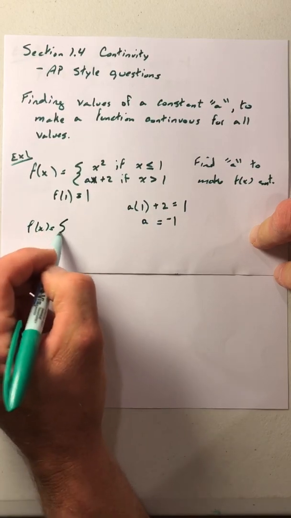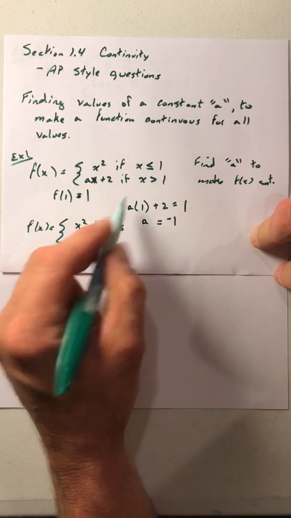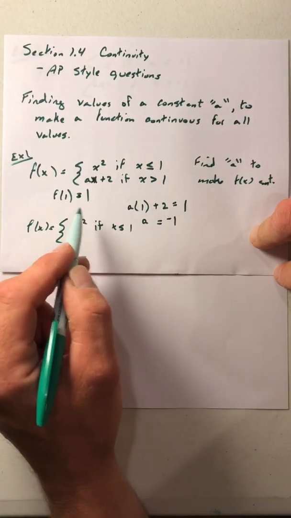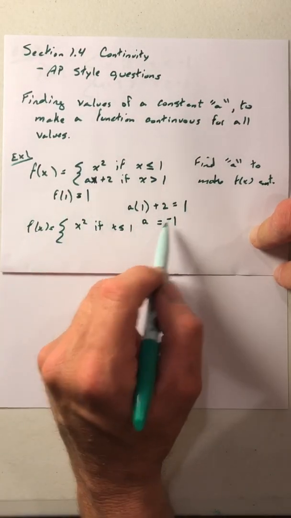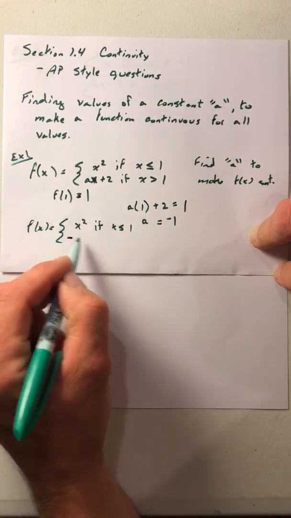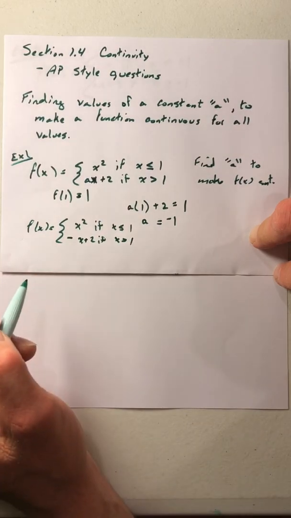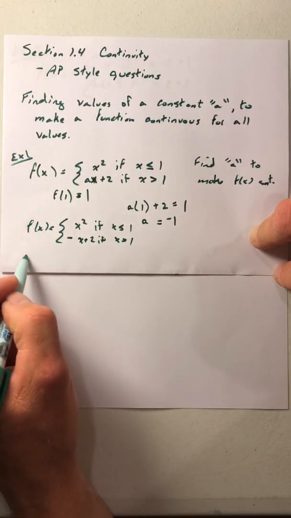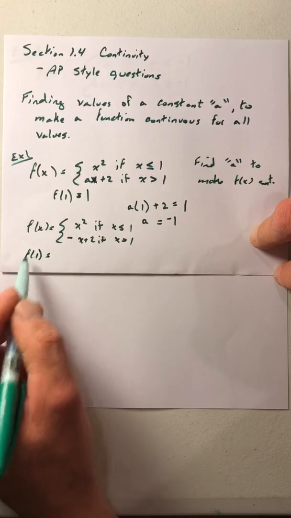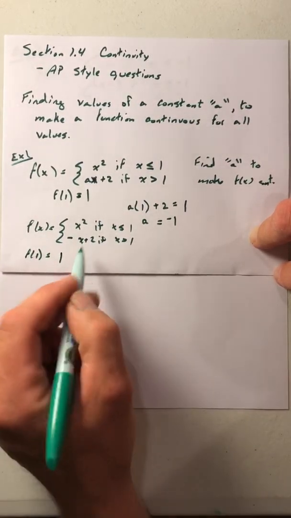And we can look at this and play around with some of the properties of it. This is just kind of a little extra. We don't have to write all this out because it's understood here, and it's most likely going to be a multiple choice question. But we know that the function is x squared if x is less than 1, and negative x plus 2 if x is greater than 1. So if I go through my rules of continuity, f of 1, the value up here again, was 1.